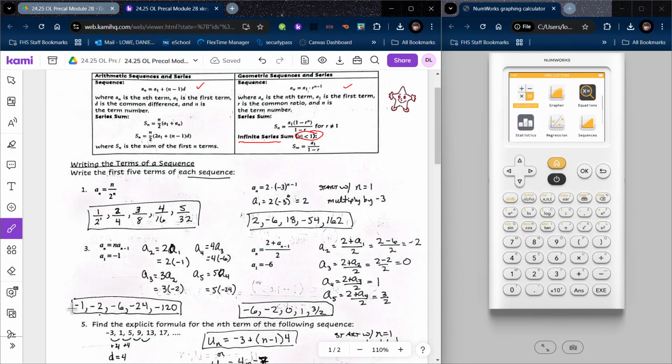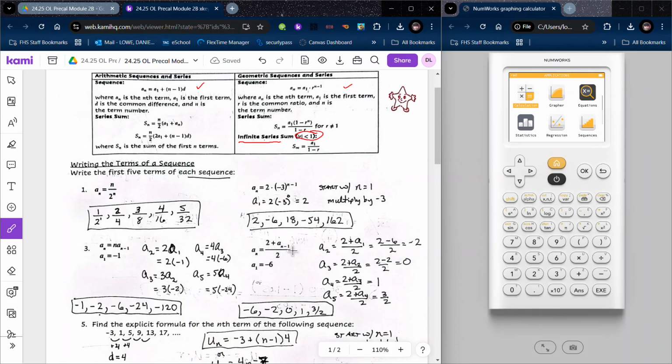And so my first term is negative 1, the second term is negative 2. Then the third term is going to be 3 times that previous term, which is negative 6. Then 4 times that previous term, which is negative 24. Then 5 times that previous term, which is negative 120. And so I have the listing out of my values.